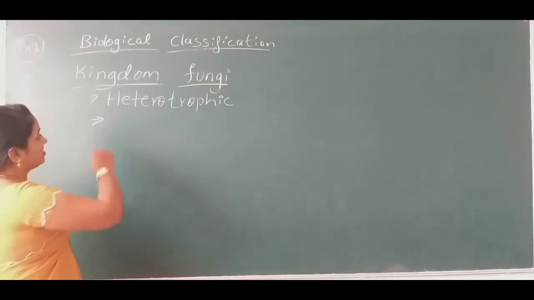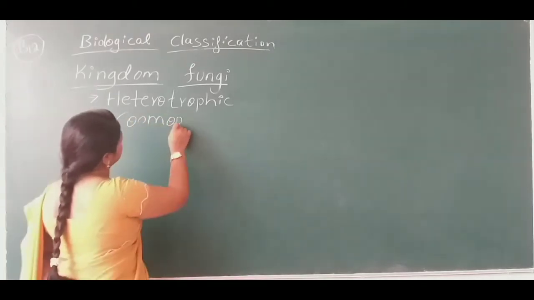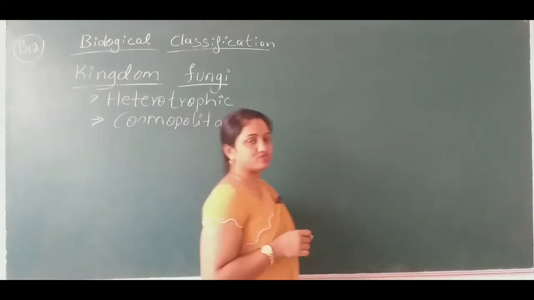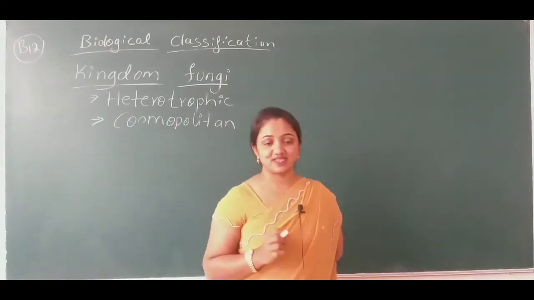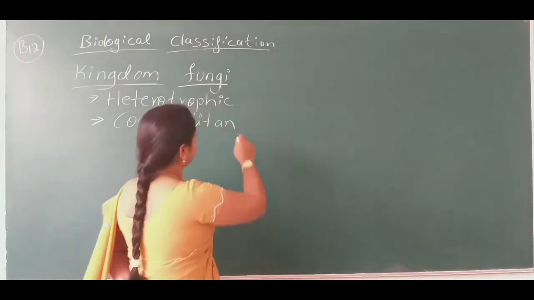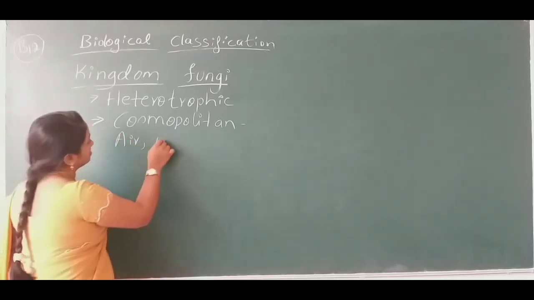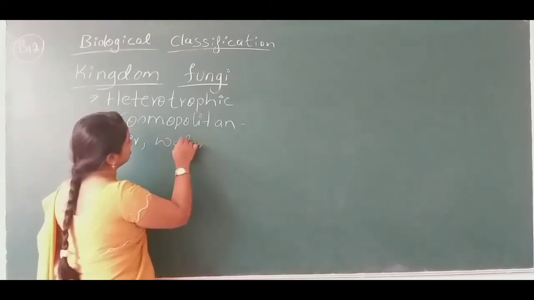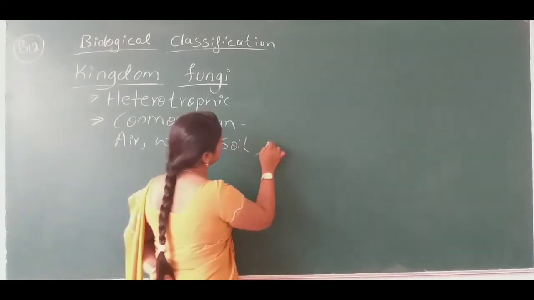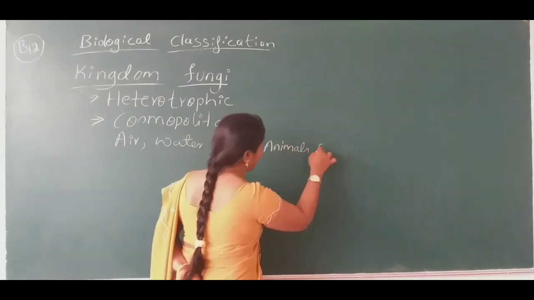It is cosmopolitan in nature. Cosmopolitan in nature means it is found everywhere: in the air, in the water, in the soil, and also in animals and plants.